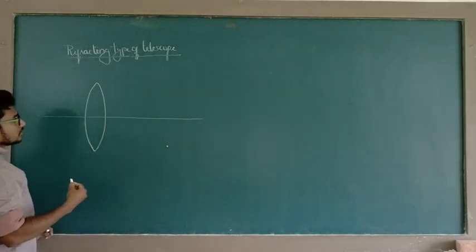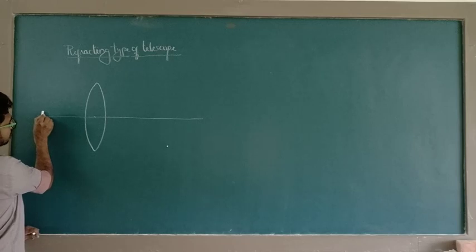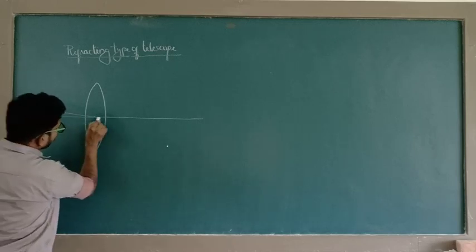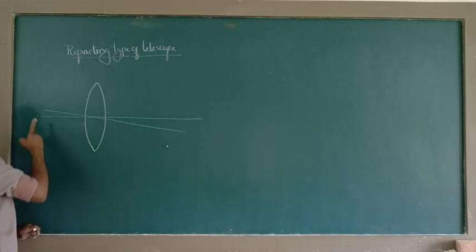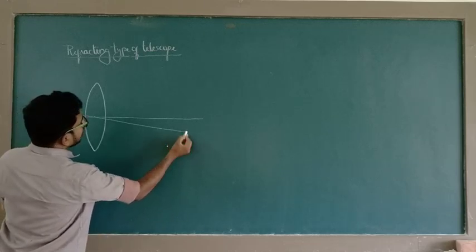Principal axis, optical center. A ray through the optical center proceeds without any deviation.